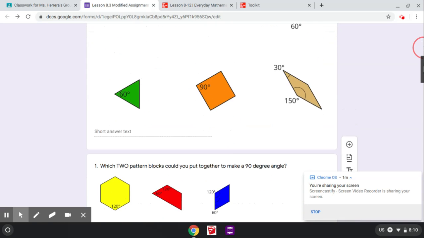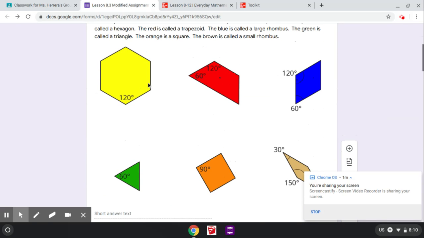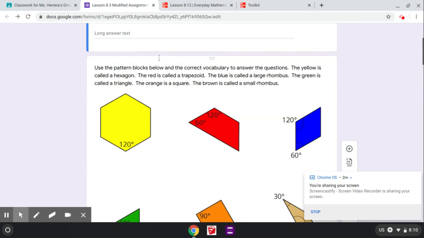So there are actually 6 questions. So I use this because it has the measurements on it and it makes it easier to understand the purpose of the assignment. And I also wrote up here the vocabulary words. So you could have looked at these up here for the correct spelling and the names of the shapes.